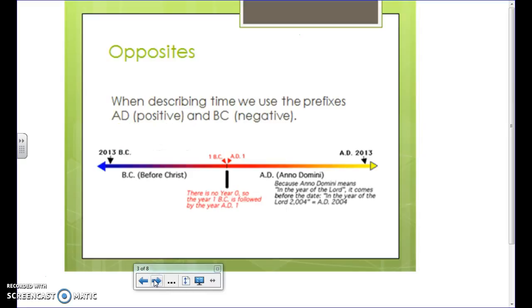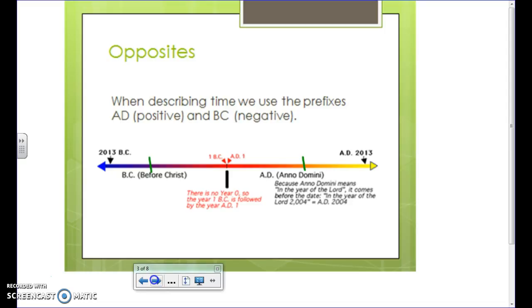The first instance of opposites you're probably going to see is in your history class. When your history teacher is referring to a year, often they will have to say AD 1000 or 1000 BC, because there's actually two 1000s. There's a 1000 over here somewhere on the right and a 1000 over here somewhere on the left.